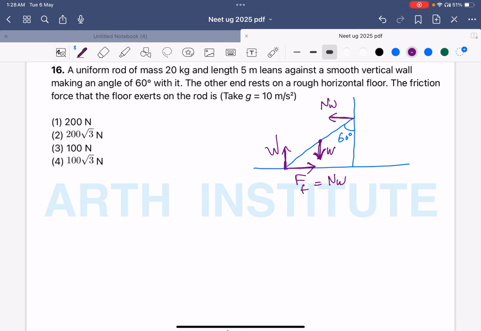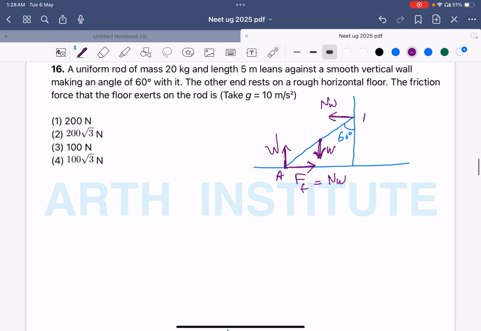Now, if we consider the sum of moments of the rod about point, let me call it as A, about point, let's say A, then W, that is the weight of the rod, is making it rotate in the anti-clockwise direction.